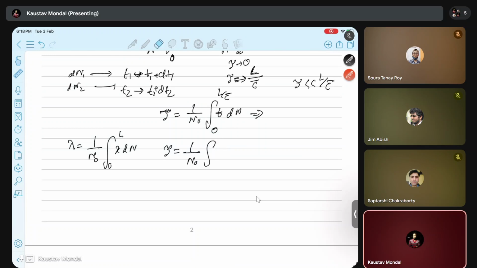You can write this as infinity because its limits are very high actually. So anyway, this thing is dependent upon x and this thing is dependent upon the time.